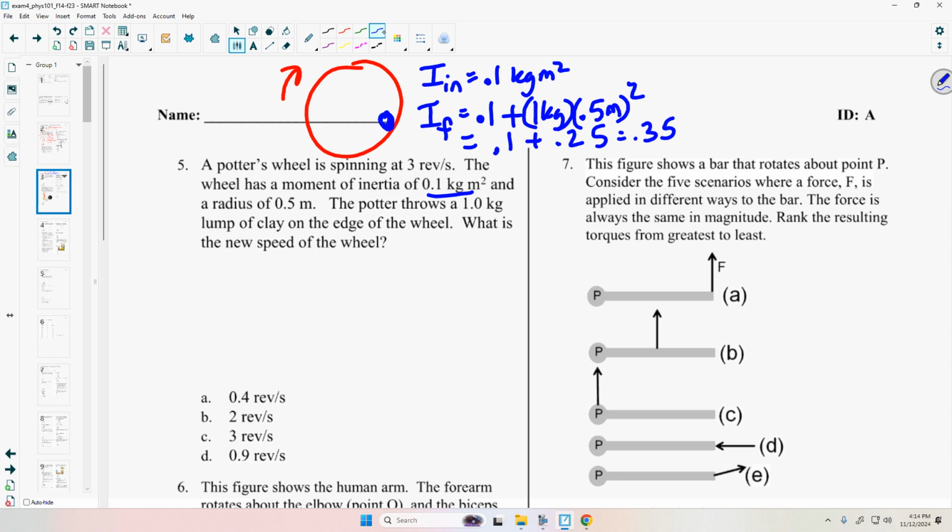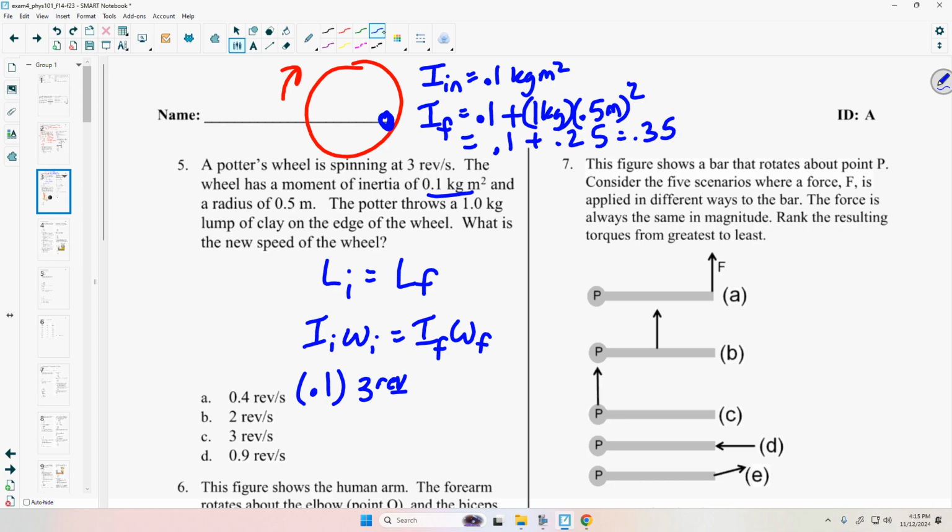All right, so now I'm ready to find the speed of the wheel. I say that L initial equals L final. That's just the angular momentum is the same, it's conserved. That's I initial, omega initial equals I final, omega final. 0.1 times omega initial, which is 3 revolutions per second.